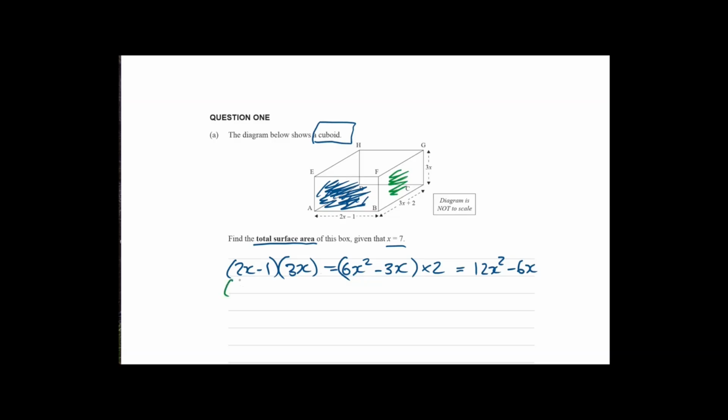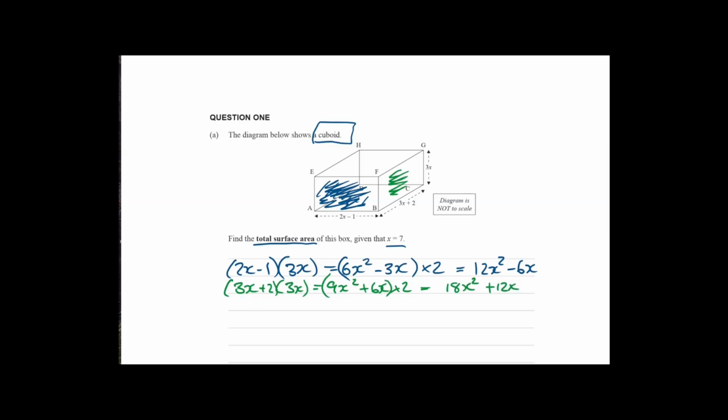That one is 3x plus 2 and 3x again. That's 9x squared plus 6x, and we need to double that again, so we get 18x squared plus 12x.